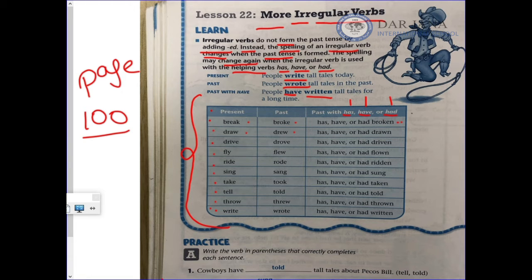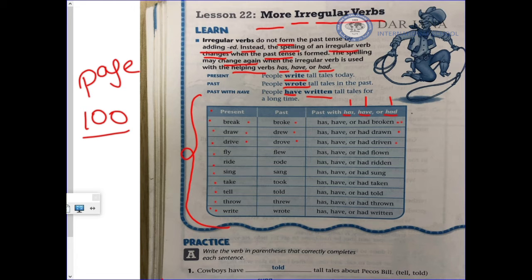Has, have, or had, drawn. Now we're coming to the word drive. The past of drive is drove. When we use has, have, or had, it becomes driven.